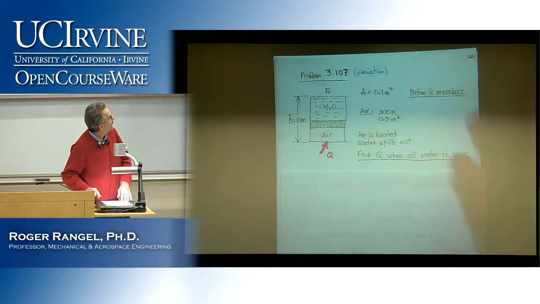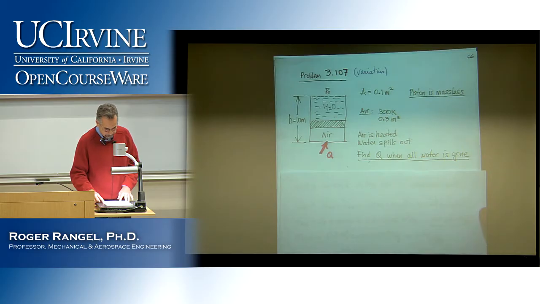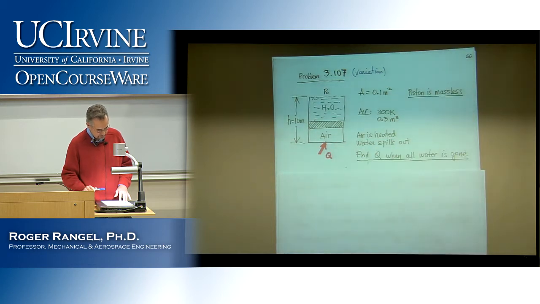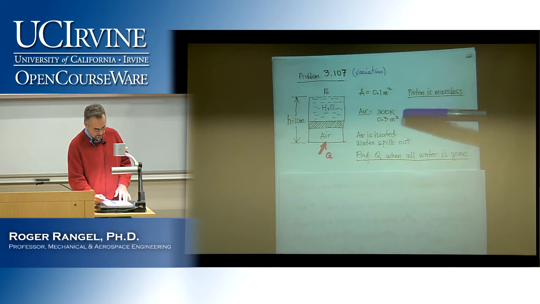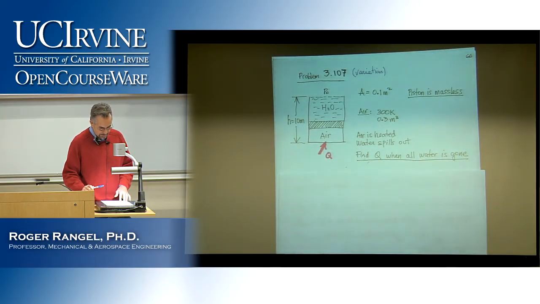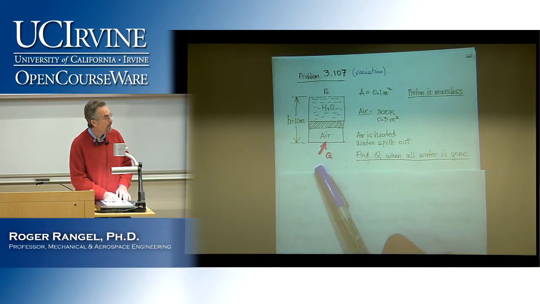We're told that we can neglect the mass of the piston. We know the cross-sectional area of the tank or the piston is 0.1 meters squared. We know the total height, 10 meters. We know the conditions for the air, which is at 300 Kelvin, and it occupies 0.3 cubic meters down here. And then what's happening is that now we're again going to heat this up.